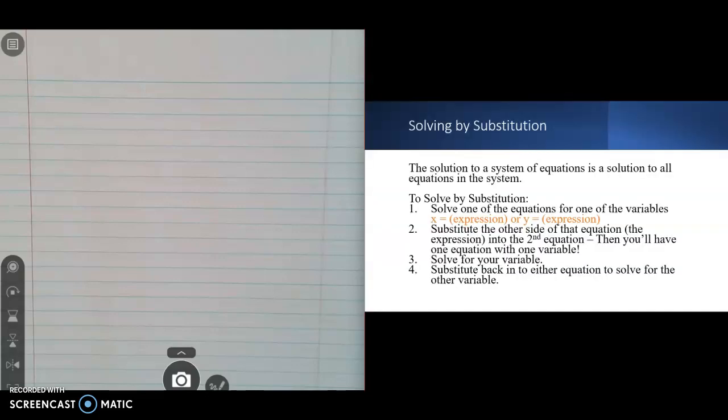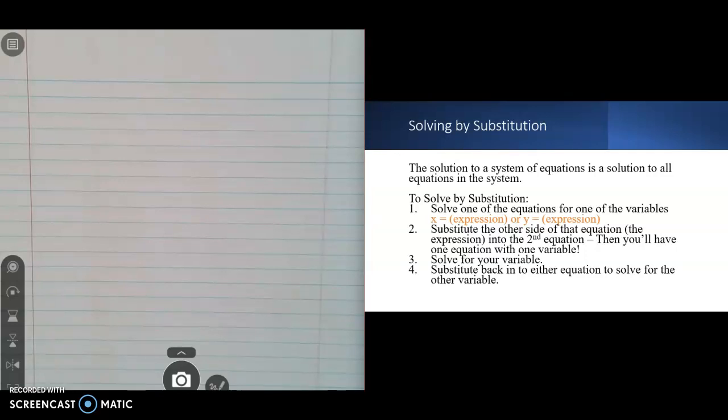So how do you solve by substitution? Just a refresher, the solution to a system of equations is a solution to all equations in the system at the same time. To solve by substitution, you're going to take one of your equations and solve it for one of the variables. So you'll have x equals an expression or y equals an expression where you've gotten one of the variables by itself.